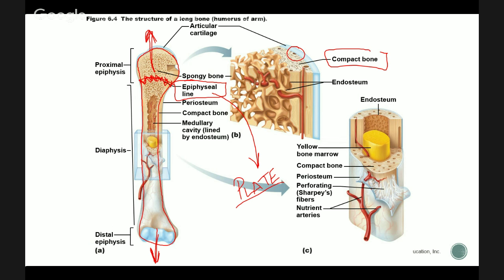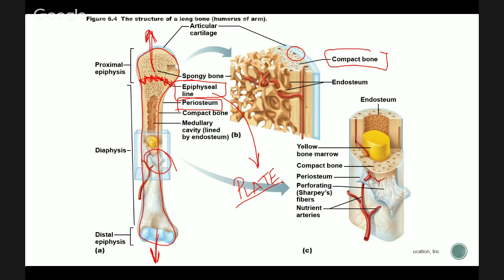All right, so we have the epiphyseal line. We also have some sort of connective tissue covering that surrounds the outside of the bone, and this is called the periosteum. Peri means surrounding, or the outside of. Osteum refers to the bone, so this is around the bone. This is a connective tissue covering. This is innervated. Does anybody know what innervated means? Yeah, it's got a connection to the nervous system, a nerve supply.